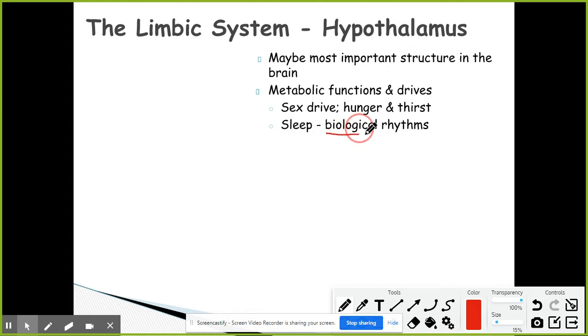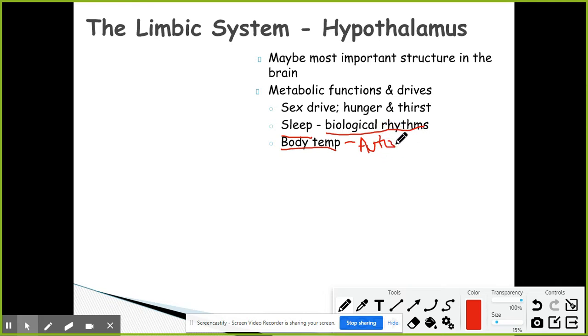It deals a lot with our biological rhythms. It's kind of what keeps our body on track. So like sleep, when you're awake, when you're tired. A lot of that is controlled secondarily by the hypothalamus. It helps regulate body temperature, which is also an autonomic function.